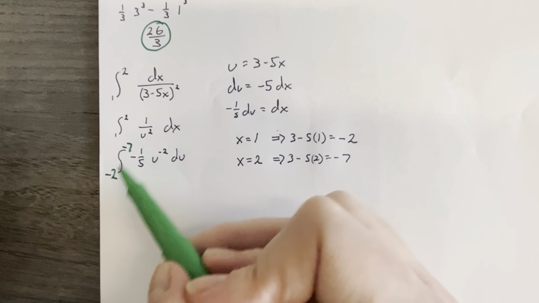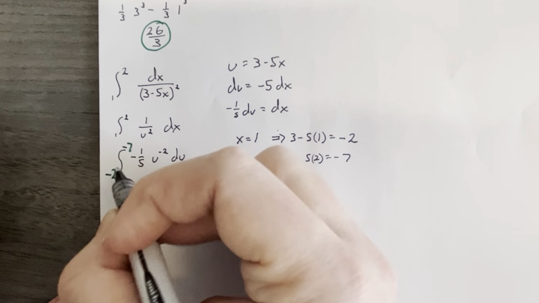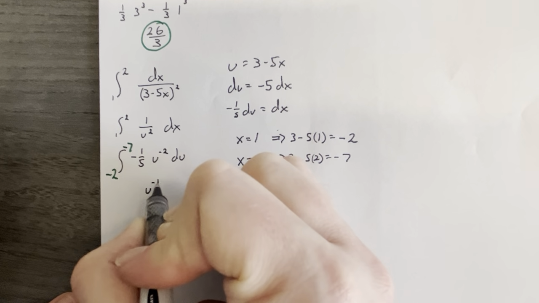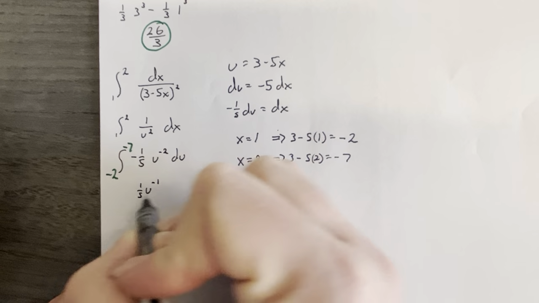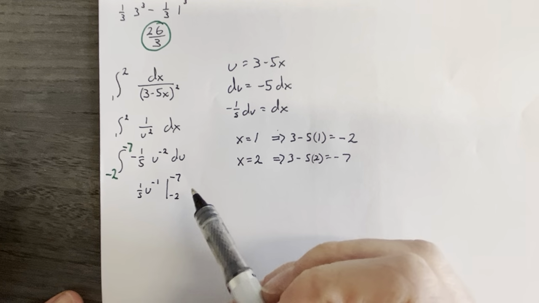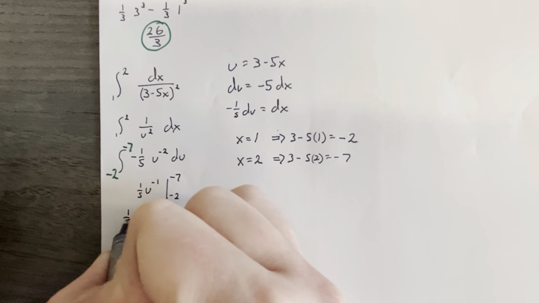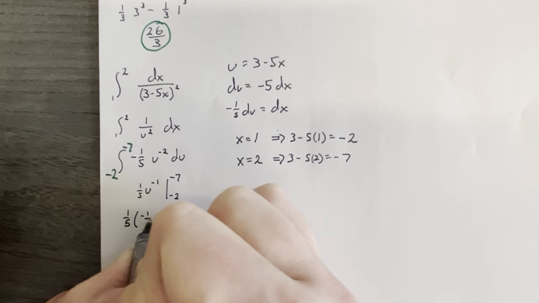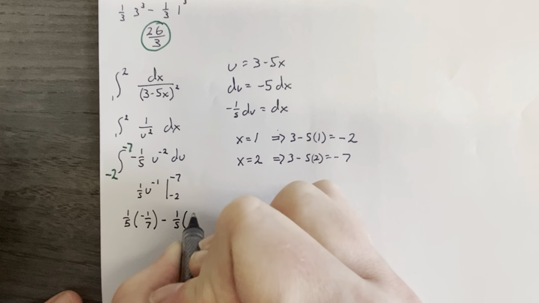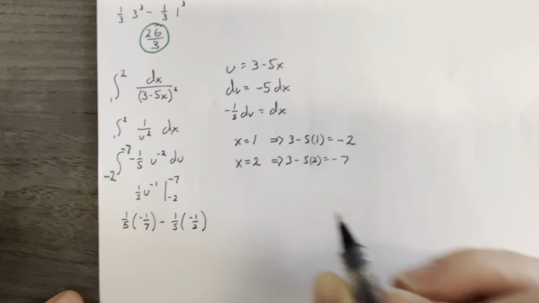You may be noticing the bounds are flipped. We could flip back correspondingly, or we can keep it the same. It doesn't really matter. I know this u is going to go to the -1. The negative comes out front. And I'm just keeping them the same. No plus c needed. Now let's start putting things in. 1/5 times -1/7 minus 1/5 times -1/2.